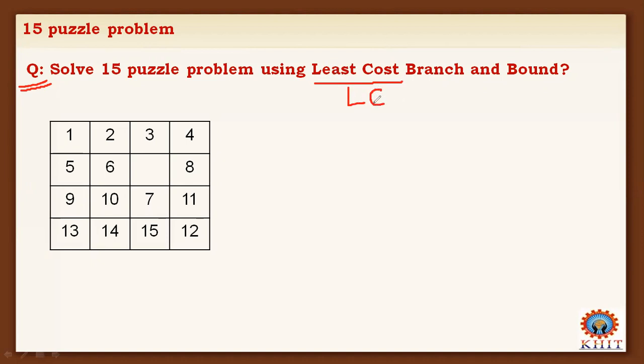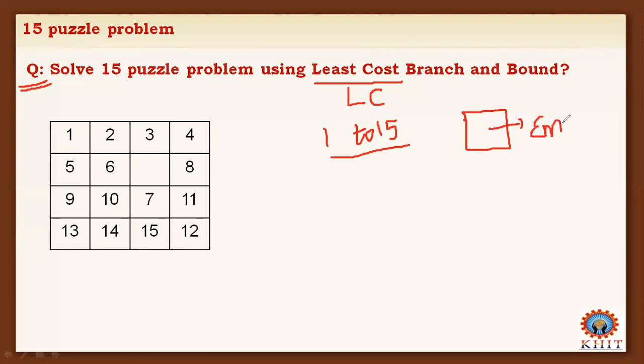By applying LC searching, you need to solve the problem. This is the frame. The frame contains 16 tiles, and the values 1 to 15 are arranged in a randomized order.